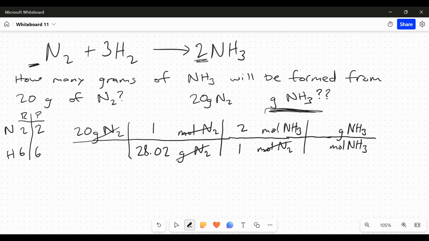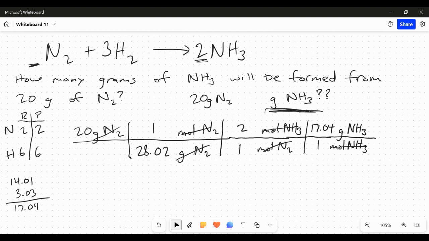So 1 mole is equal to the molar mass of NH3 in grams. That's 14.01 plus 3.03, which is 17.04. Cancel out our moles of NH3 unit because it's on the top and bottom.